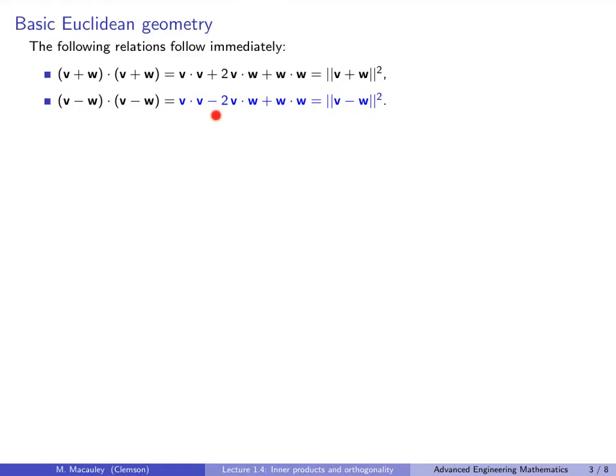I've written this in blue here because I want to show you that this is essentially the law of cosines. So v dot v is the norm of v squared. W dot w is the norm of w squared. And we just saw in the previous slide, that last proposition, v dot w is the norm of v times the norm of w times the cosine of the angle between them.